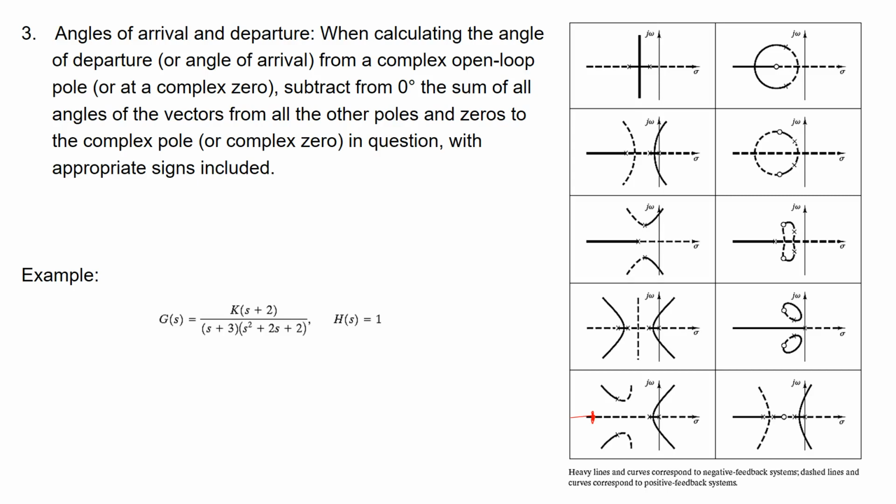Now you might wonder what happens in MATLAB. So for example, let's do this example with MATLAB if you don't mind. If I want to draw the root locus of this system, where that is G and H is 1, one time I do it assuming that the H feedback is negative, the other one I do it assuming that H feedback is positive.